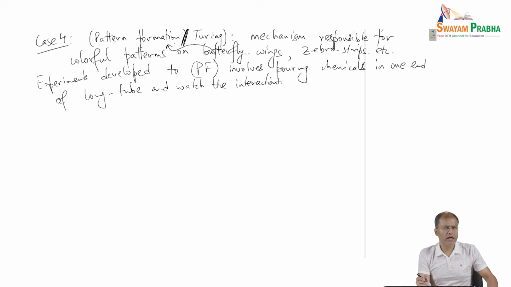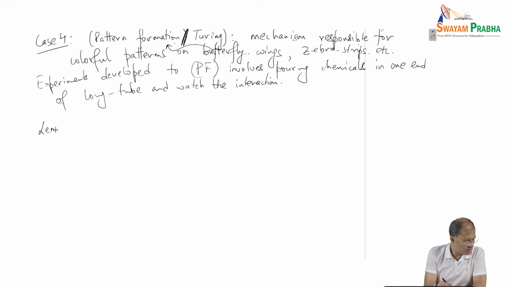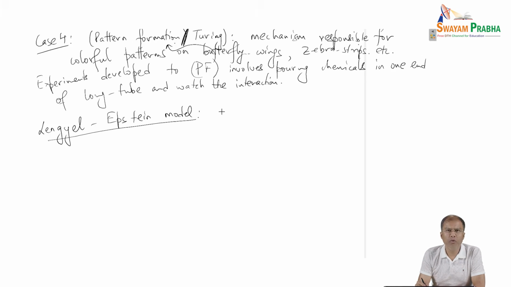One model which also deals with pattern formation is the so-called Lengyel-Epstein model. So let us see what the model says. We are going to just focus our attention on the Lengyel-Epstein model. The model says that the patterns appear only for certain pouring velocities v.